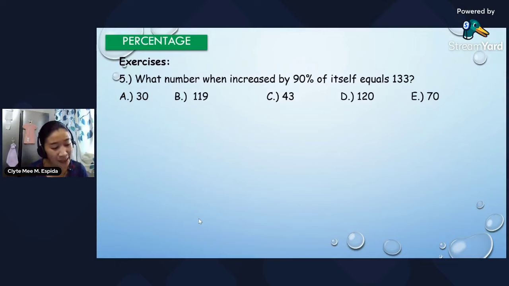For those who answered B, I guess you're confused with the question. Nalilito po siguro kayo sa tanong. It is not asking kung ano yung 90% ni 133. Hindi po yun yung tinatanong.